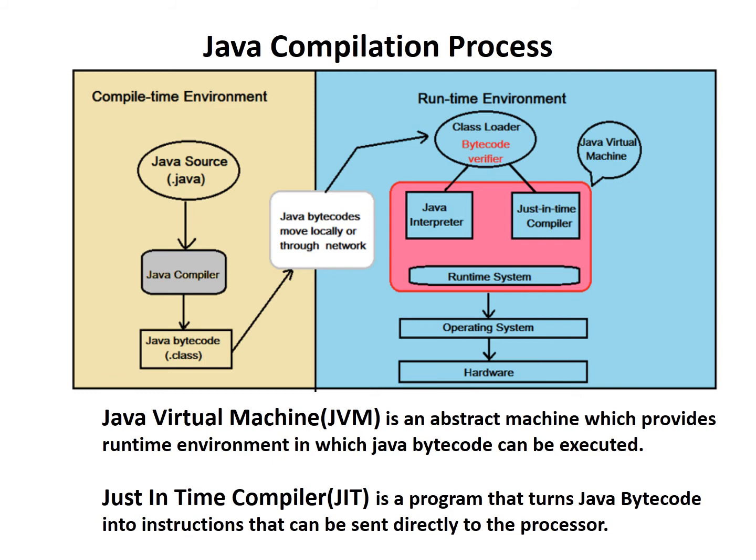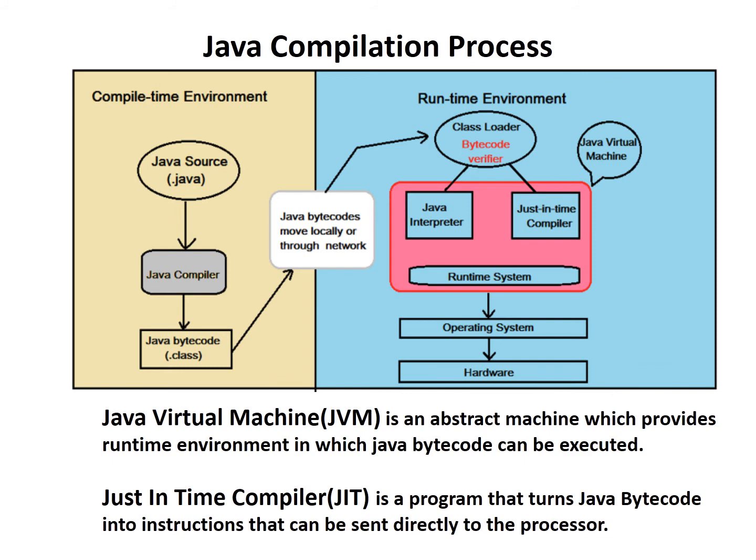So let us understand this example. When we are given a Java program, this Java source program is saved with the extension .java. Next, this Java source program is compiled into the Java bytecode and its extension is .class, and this compilation takes place with the help of Java compiler.